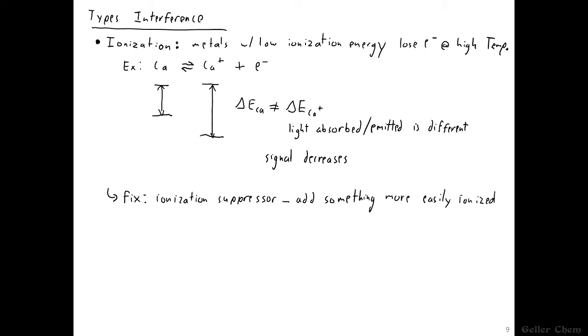And if we were to go back into Gen Chem, we would learn the most easily ionized elements are from group 1. So group 1 typically.